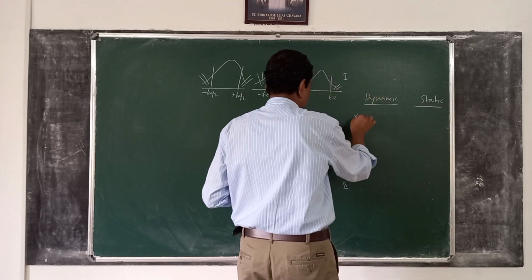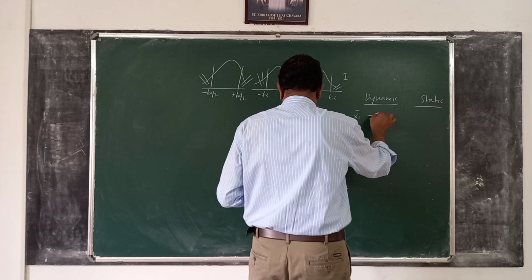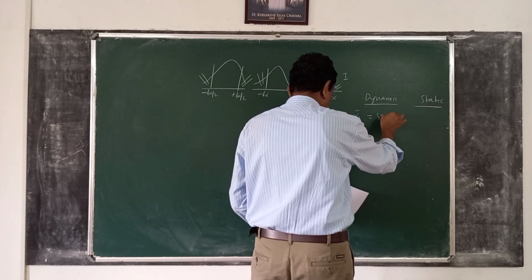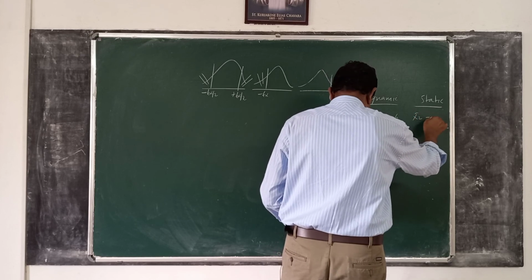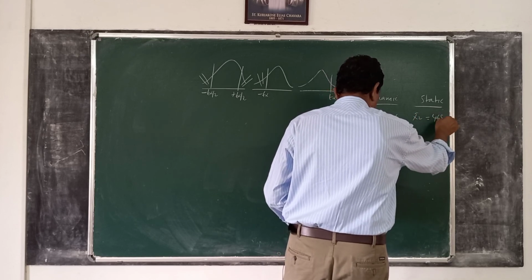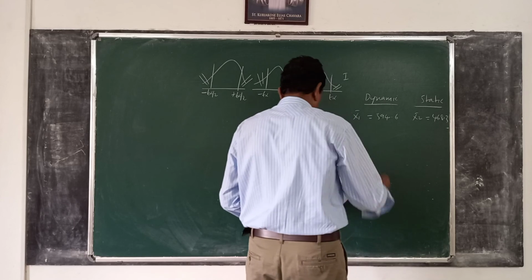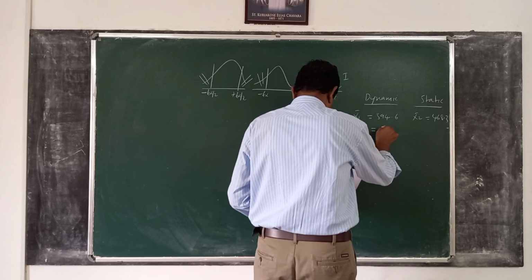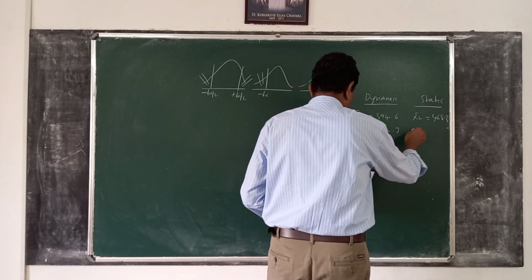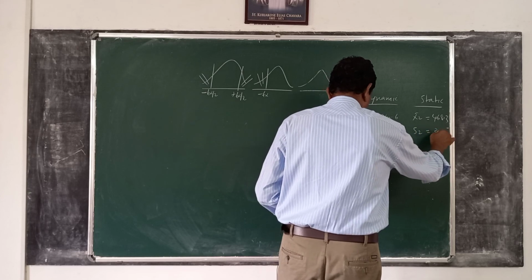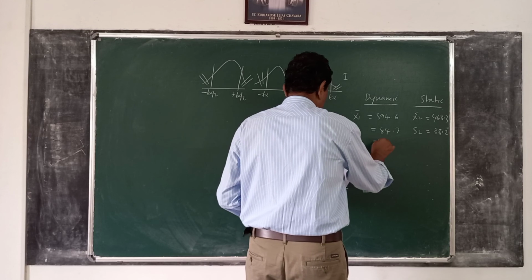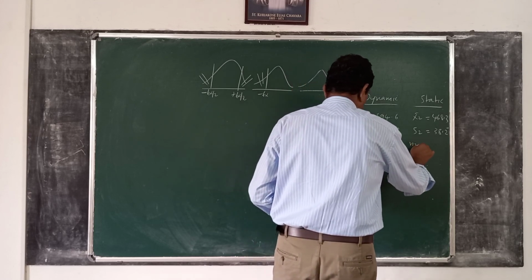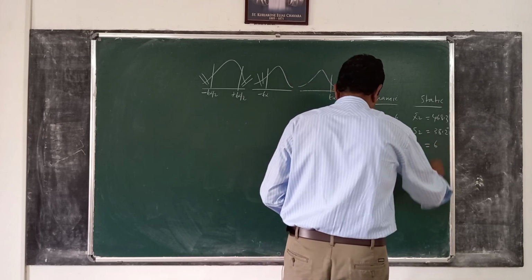X bar 1 is equal to 394.6. X bar 2 is equal to 468.3. S1 is equal to 84.7. S2 is equal to 38.2. N1 is equal to 14. N2 is equal to 6.